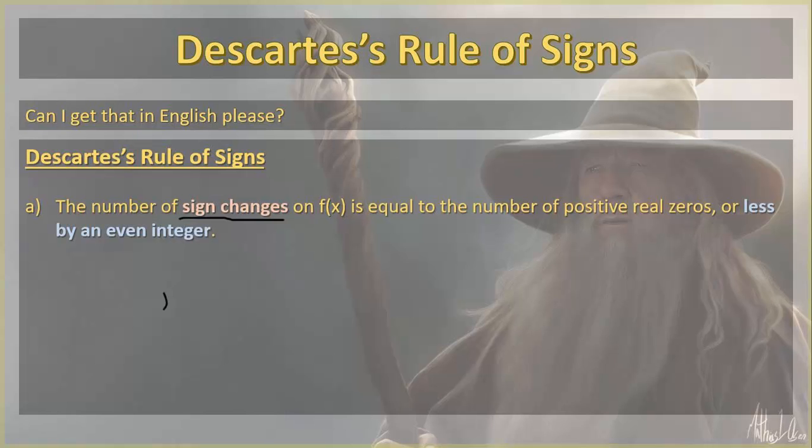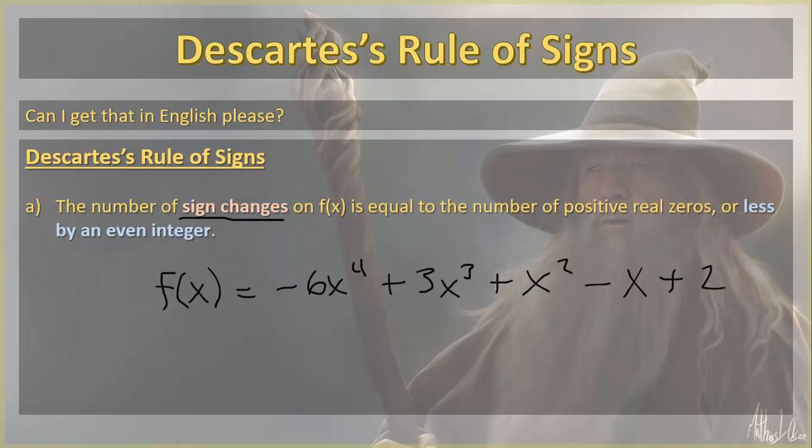So let's say we have f of x equals negative 6x to the fourth plus 3x to the third plus x squared minus x plus 2. When we talk about the number of sign changes, we're just talking about the signs on the coefficients. We have a negative, positive, positive, negative, positive.